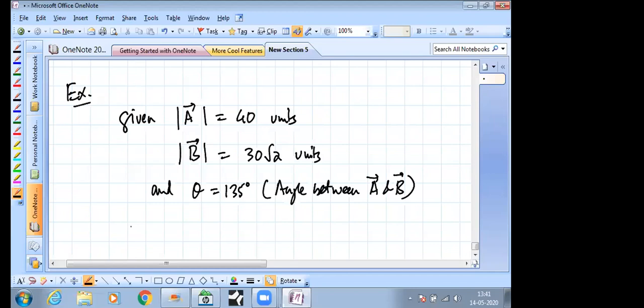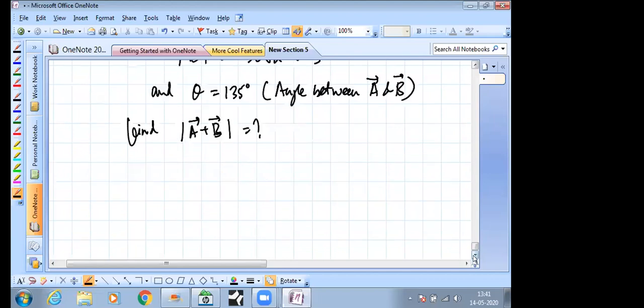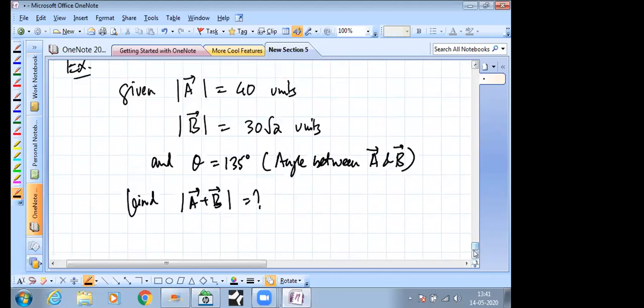Now, to find out magnitude of A plus B. Now, this looks like a typical candidate of what? The triangle law, because everything is given to you in mod form and angle form. You can directly substitute in the triangle law, but we can also do this by component algebra. Okay?